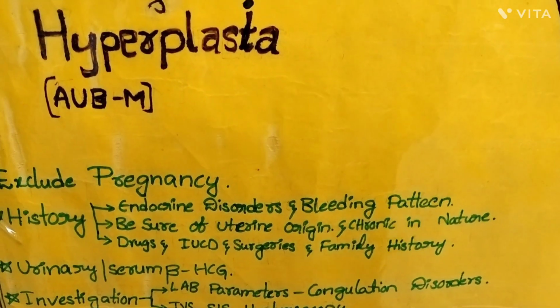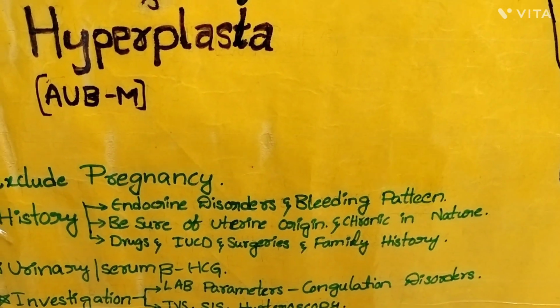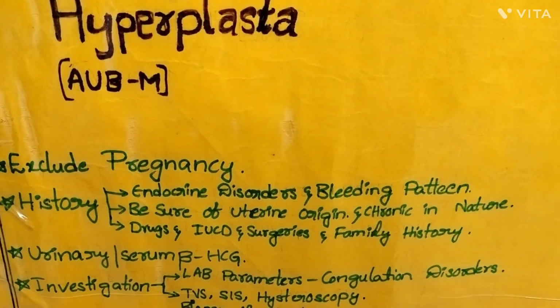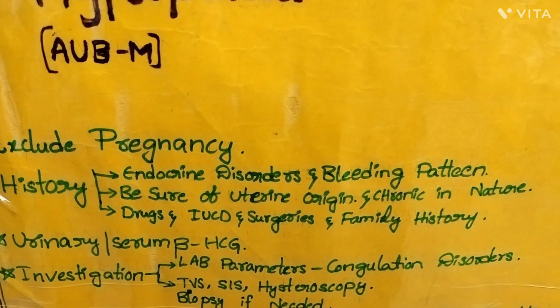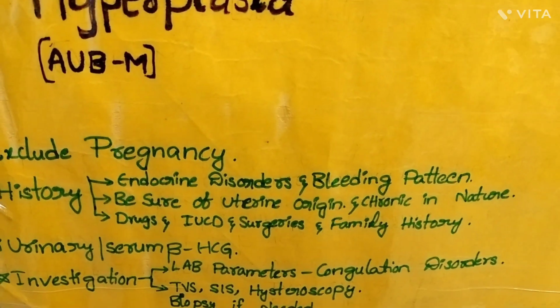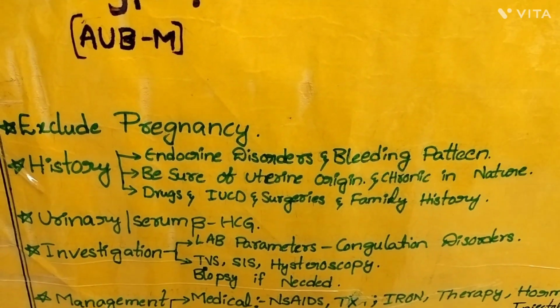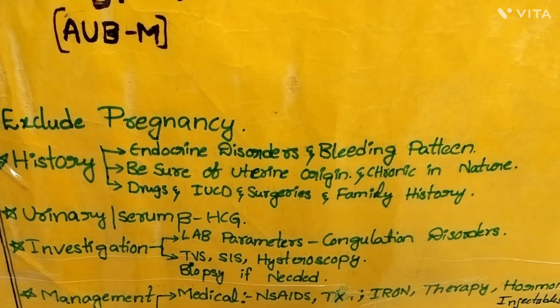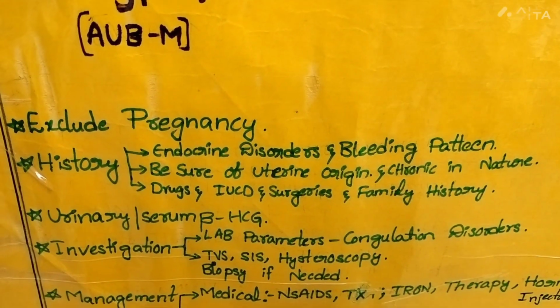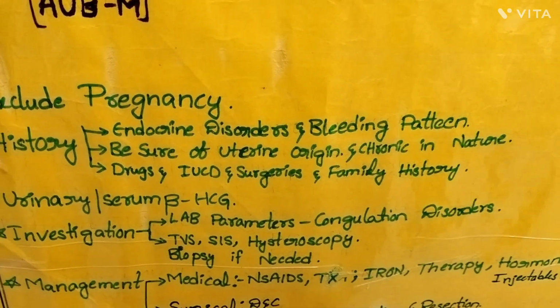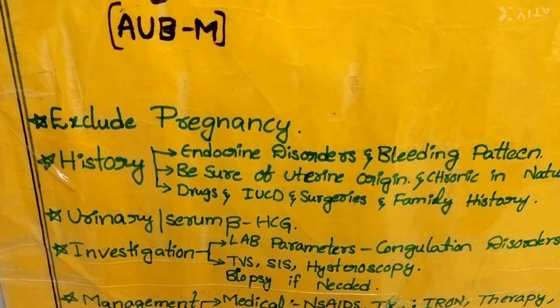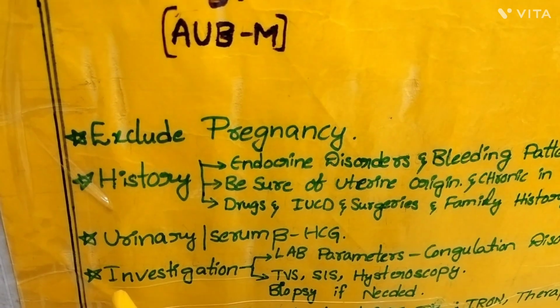So we need to rule those out, and mostly we should ask since how long they are suffering with this abnormal uterine bleeding. Is it from 3 months or 6 months? Based on its nature, like is it acute or chronic, based on that we need to decide through which management we can treat the patient with this AUB.